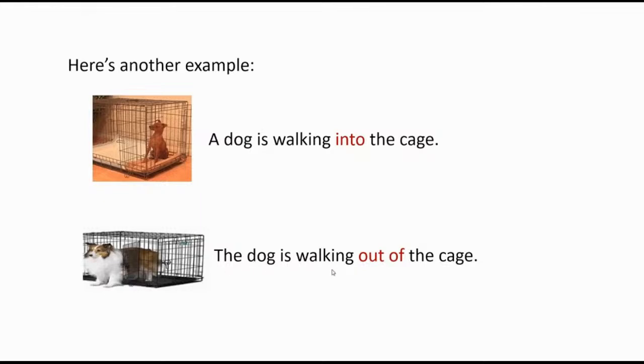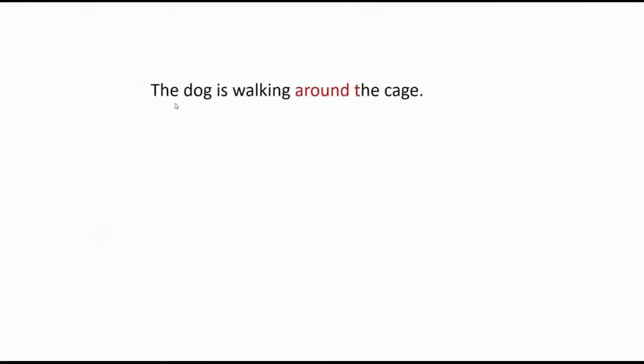So the dog is walking out of the cage. Okay? And let's look at a slightly more complicated example. The dog is walking around the cage. And around the cage.